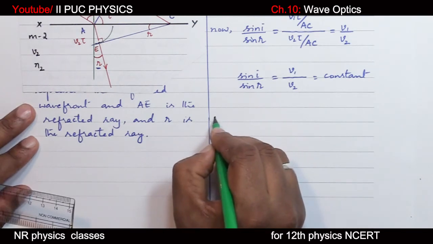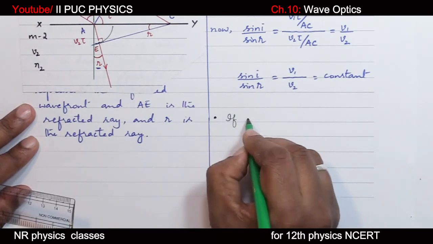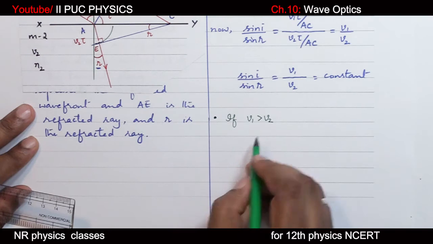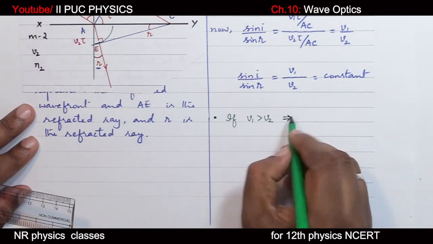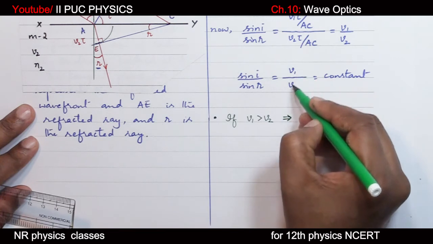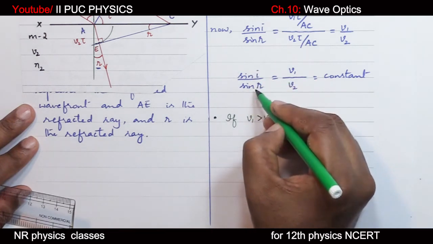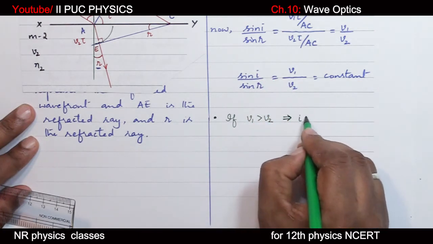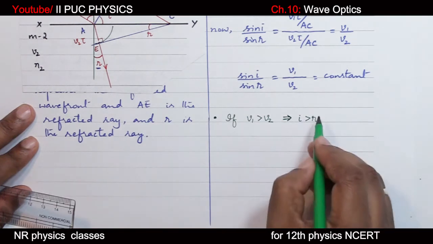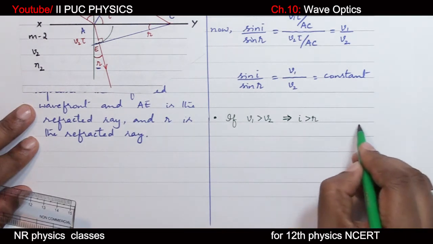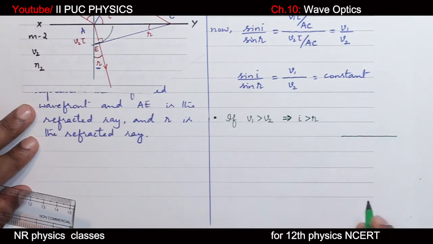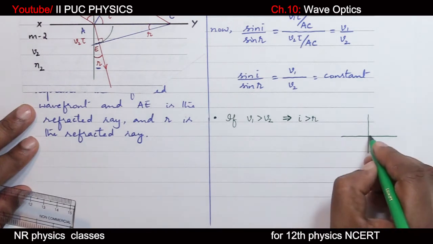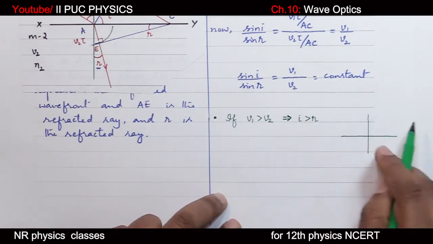Now different cases. If V1 greater than V2, understand, V1 greater than V2, numerator is greater than denominator, means sin I must be greater than sin R, implies I must be greater than R. I greater than R means, this is the interface, this is the normal drawn at the point of incidence.